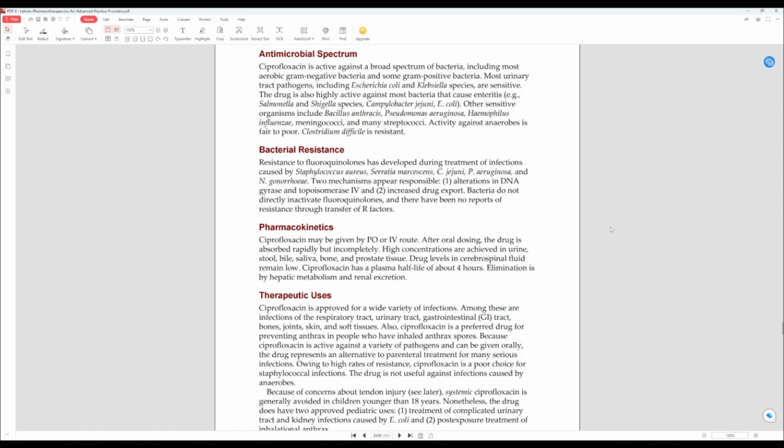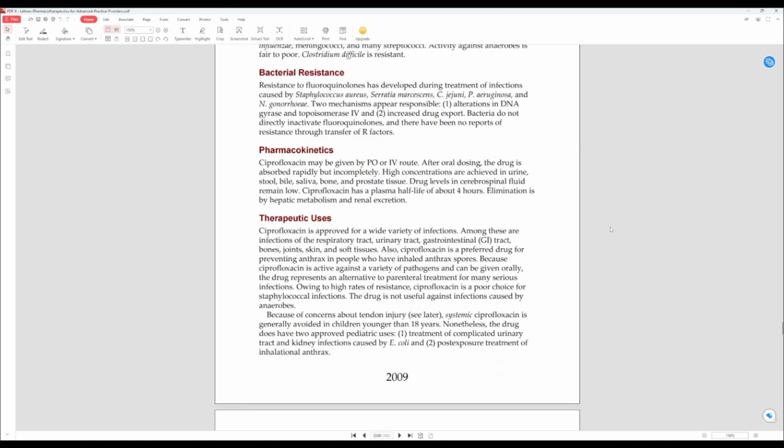The drug is also highly active against most bacteria that cause enteritis. Other sensitive organisms include Bacillus anthracis, Pseudomonas aeruginosa, Haemophilus influenzae, meningococci, and many streptococci. Activity against anaerobes is fair to poor. Clostridium difficile, however, is resistant.